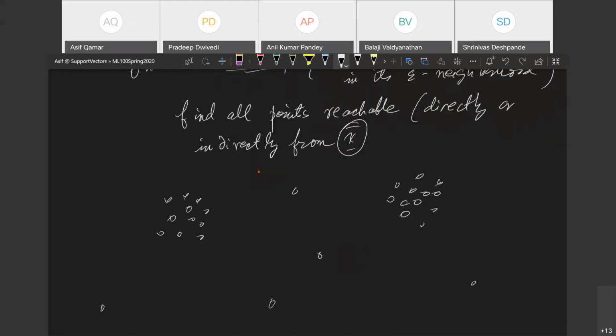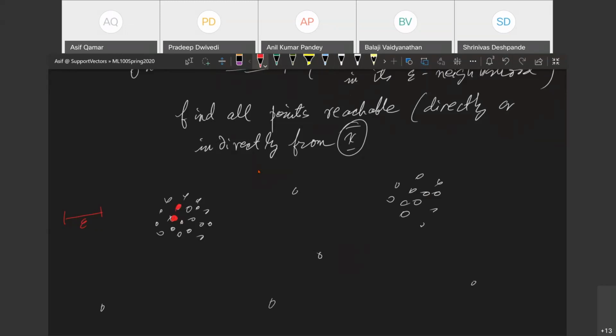Sooner or later, let me color the points that you'll end up with. You will end up with this point, right? Let's say that your epsilon is this much. This is the size of your epsilon. So what will happen? Let me draw more points here. Let me make it dense. Suppose every point that is reachable from this point, you start coloring red.